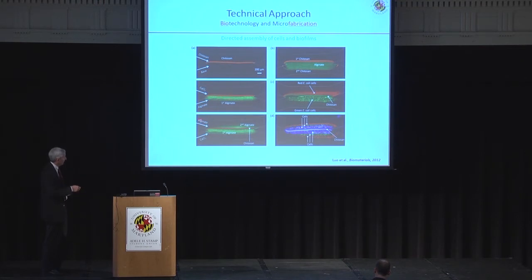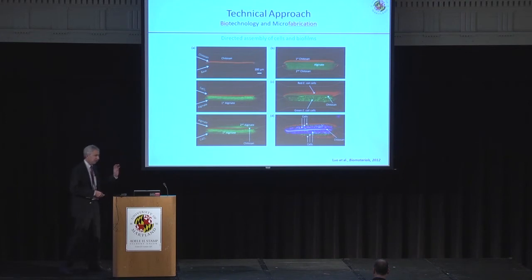You can switch from calcium on the top to alginate, and alginate on the bottom, to calcium on the bottom and alginate on the top. The calcium goes up, and then you can layer another set of cells here. And then Xiaolong used all sorts of different techniques and gimmicks to try and make layered cells that have different characteristics. In this case, you have blue cells that make a blue fluorescent protein, green fluorescent protein, and a red fluorescent protein.